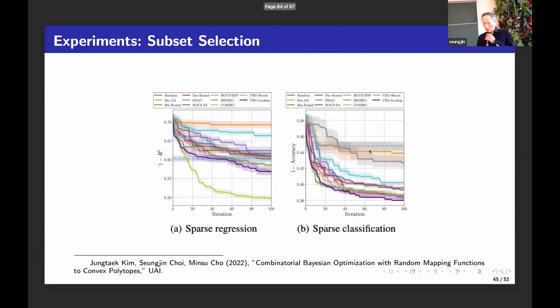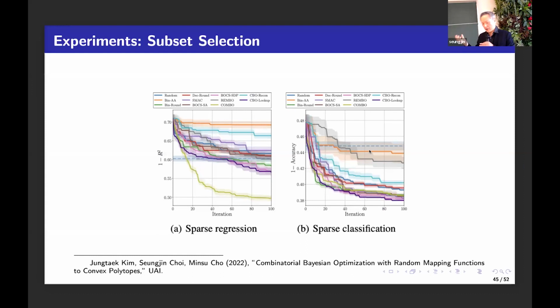Also, when you do subset selection in sparse regression and classification problems, which may be familiar to you, you have many different choices of the input variables to achieve the best performance.